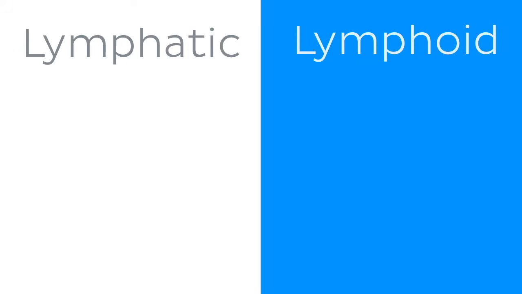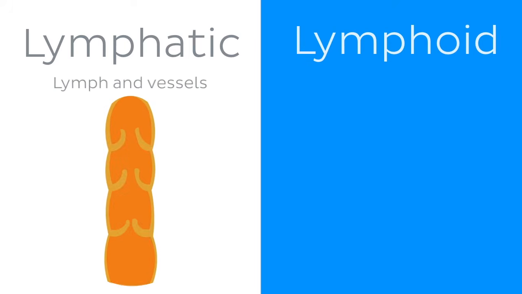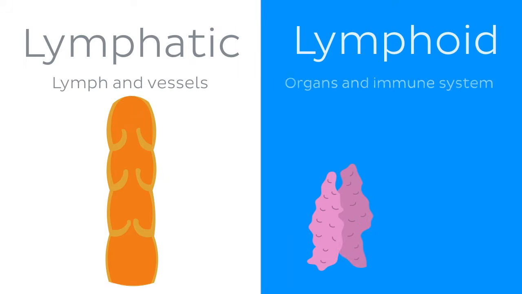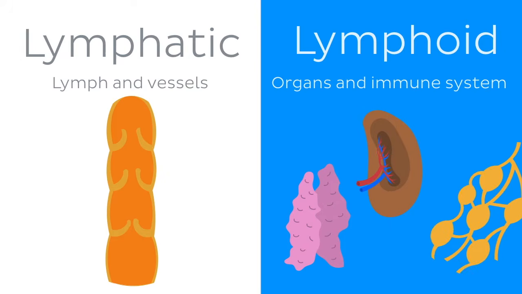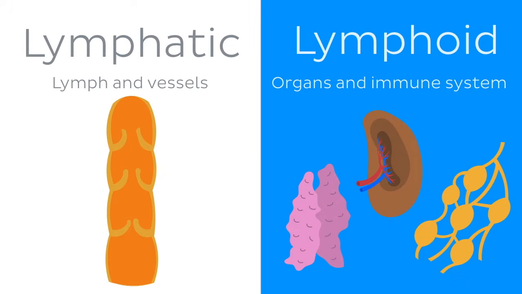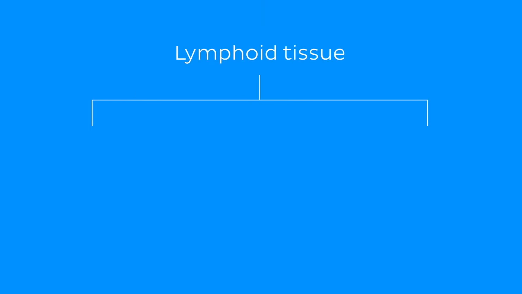Well, although there isn't one definite consensus, it is generally agreed that the term lymphatic most often refers to circulation of lymph and the lymphatic vessels, whereas lymphoid is used for the organs made up of lymphoid tissue, which form a large part of our immune system. Lymphoid tissue can be divided into two separate categories: dense lymphoid tissue and diffuse lymphoid tissue.